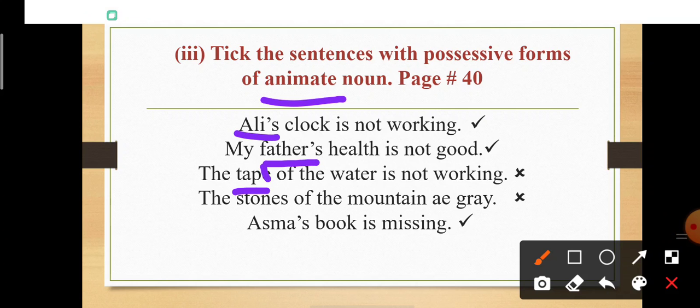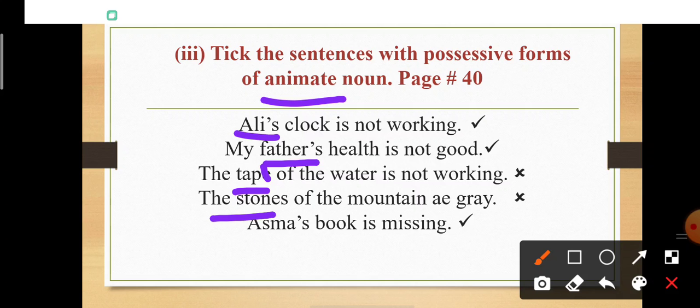Okay, wrong. The stones of the mountains are grey. So here stones is an inanimate noun, so it is wrong, it is cross. आपको सिर्फ animate sentences को टिक मार्क करना है और जो inanimate है उनको क्रॉस करना है.